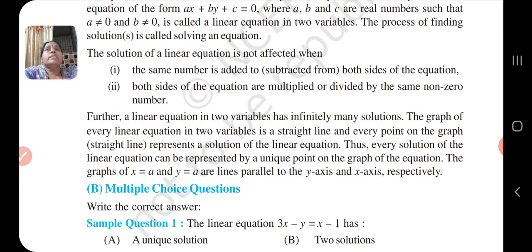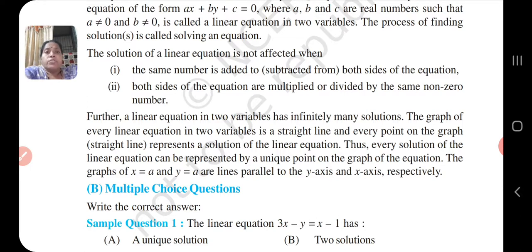Okay, note that a and b are not both 0 means a and b cannot both be 0 simultaneously, that is, any one of them can be 0. कोई एक 0 हो सकता है बट दोनों साथ में 0 नहीं हो सकते. Okay, understand? Now if any equation is given as 2x plus 3 is equal to 0, so this is a linear equation in one variable.